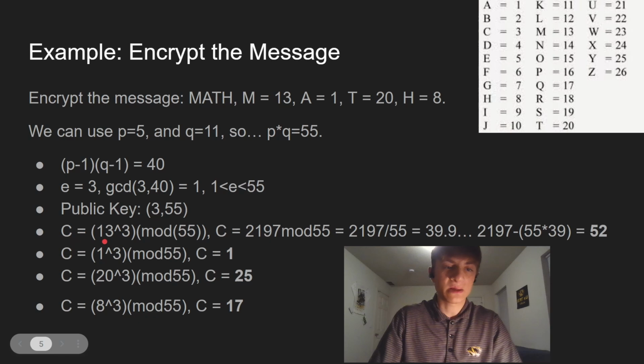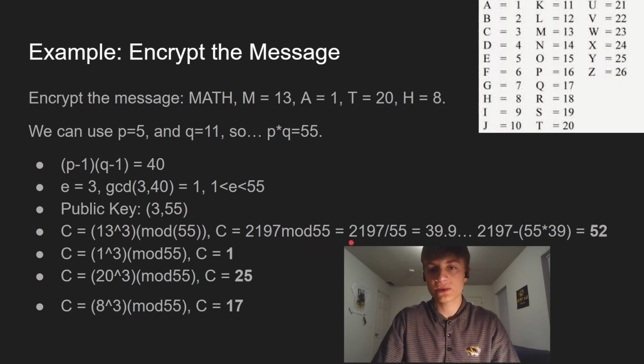So here we'll take c is equal to 13 cubed mod 55. And so 13 cubed is 2197. And then we take that mod 55. 2197 divided by 55 is just under 40. So we'll take 55 times 39, and subtract that from 2197, and that equals 52.